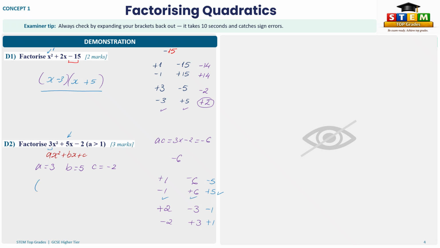So we're going to write x minus 1, x plus 6. Now, this is the stage where we need to be really careful. We're going to make use of that coefficient of x squared now, which is 3. So we're going to divide the 1 by 3 and the 6 by 3.